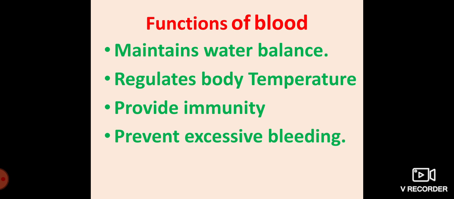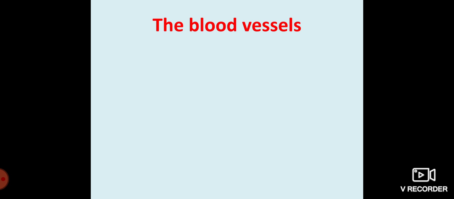And it carries waste products for excretion to the kidneys. It also maintains water balance, regulates body temperature, provides immunity, and prevents excessive bleeding. These are the functions of blood. Mark it and study. A total of 7 functions are given, you have to study all.